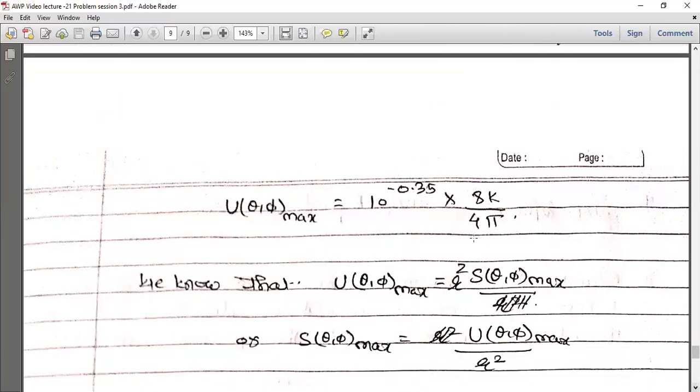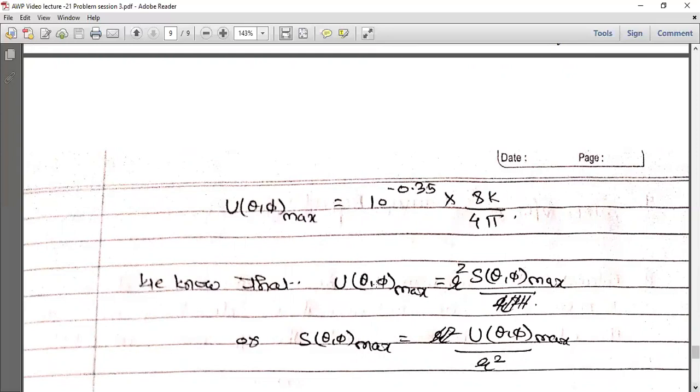This is the radiation intensity in the direction of maximum directivity. Now we know that if the radiation intensity is in our hand, we can find the power density at any point, because we have the relation between radiation intensity and power density.